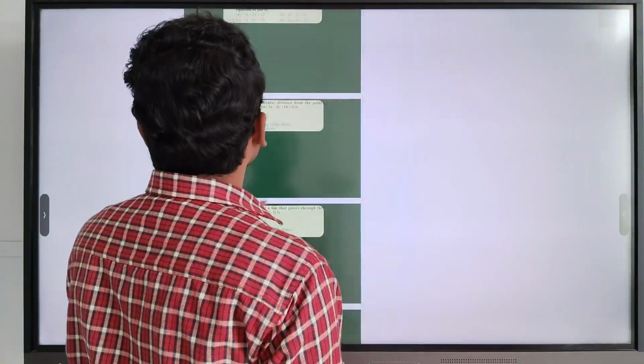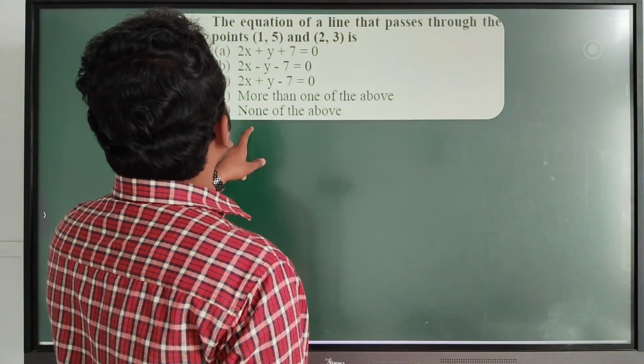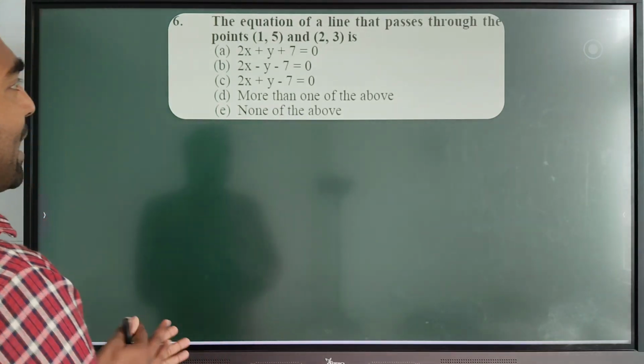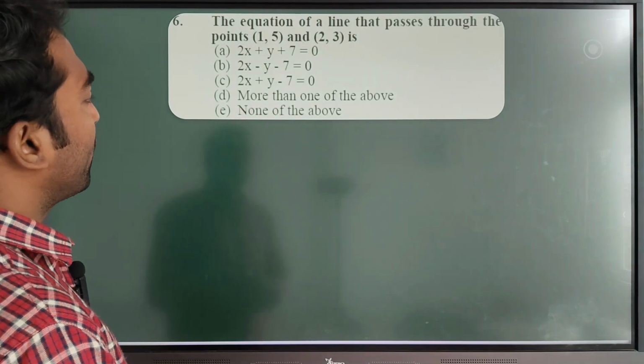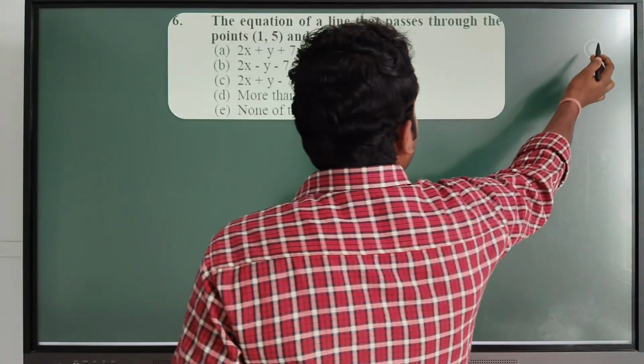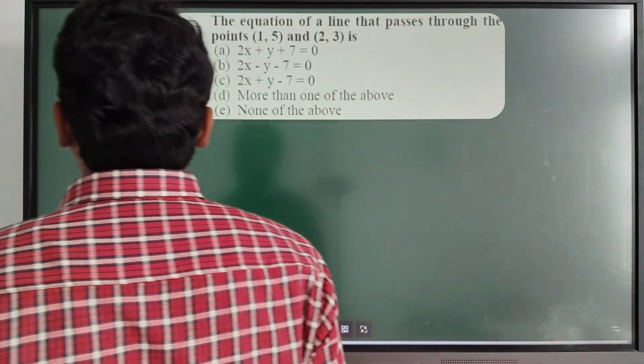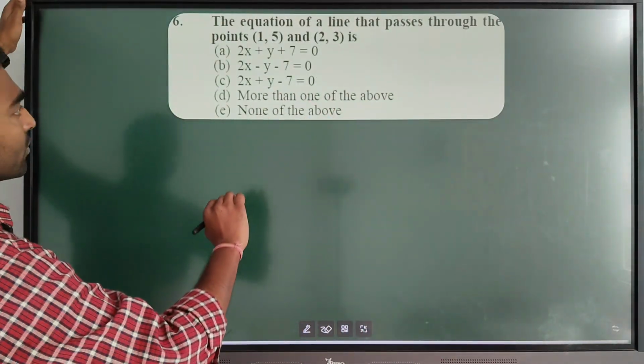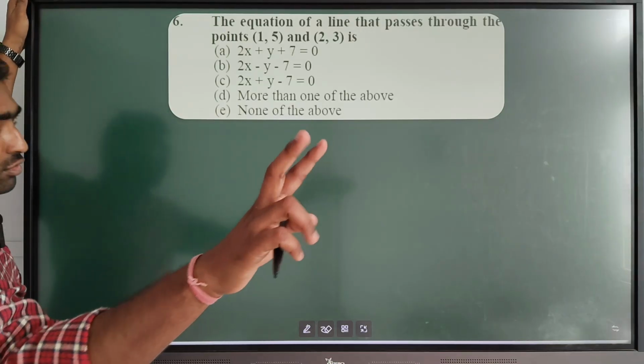Next question is: the equation of the line that passes through the points (1, 5) and (2, 3) is. It's a very easy question. Equation of a line passing through two points.